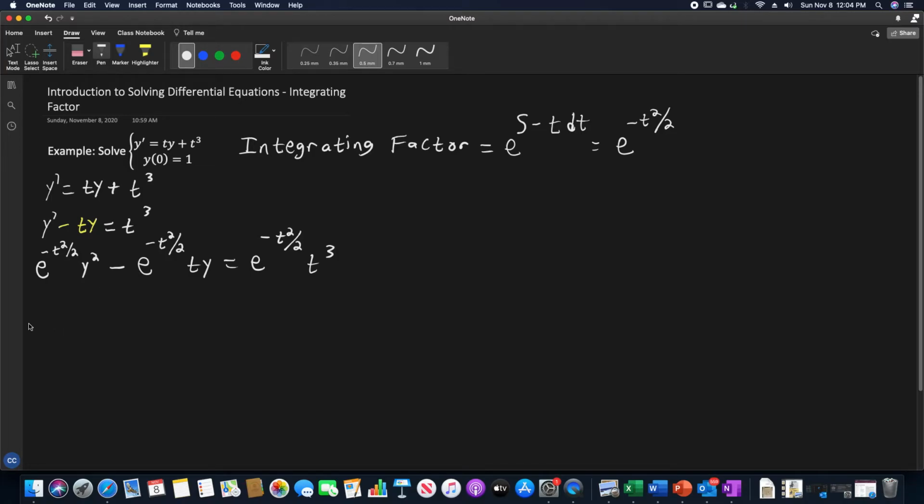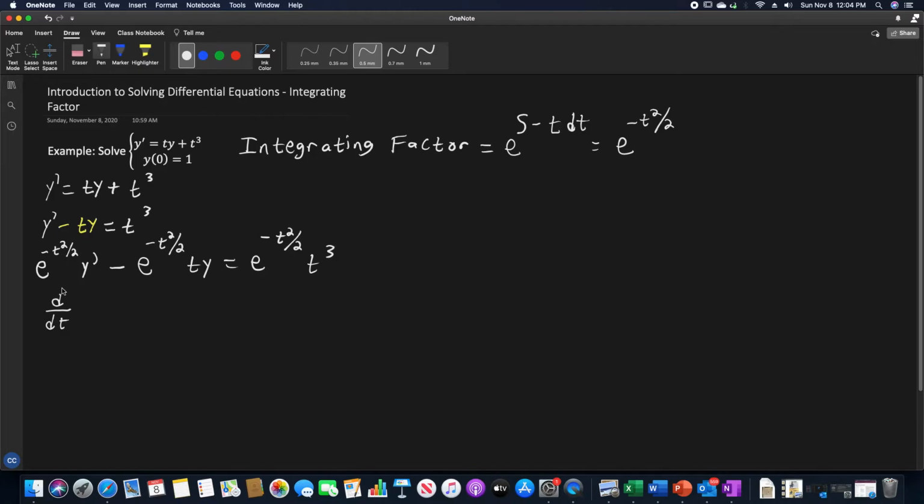And that product is going to be written as the derivative with respect to t, and I just realized this is not supposed to be a squared here, this is supposed to be a prime.